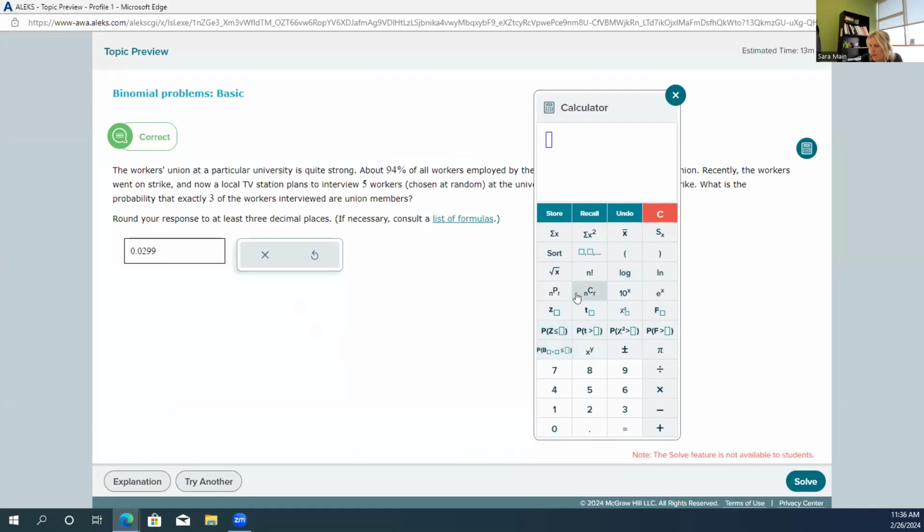I'm going to use the nCr, fill in 5 and 3, then arrow right, parenthesis, and put 0.94, shift and 6 gives me an exponent, and I put 3 there, and then 1 minus 0.94, parenthesis, and shift, and that's going to be 2. Then I hit enter, and I get 0.299. Notice the answer says round your response to at least 3 decimal places. I did 4 because I didn't want to have to round my 299.